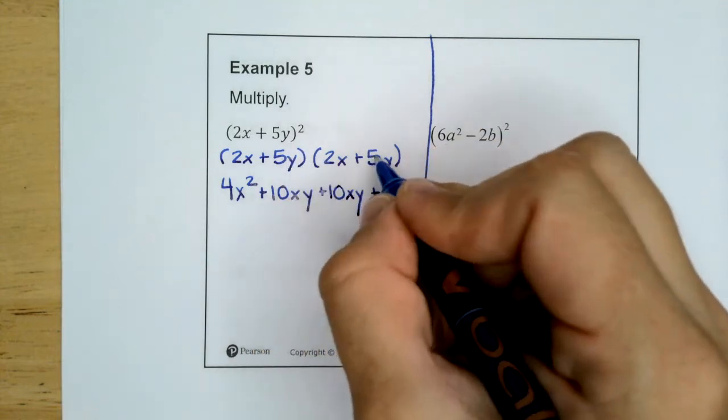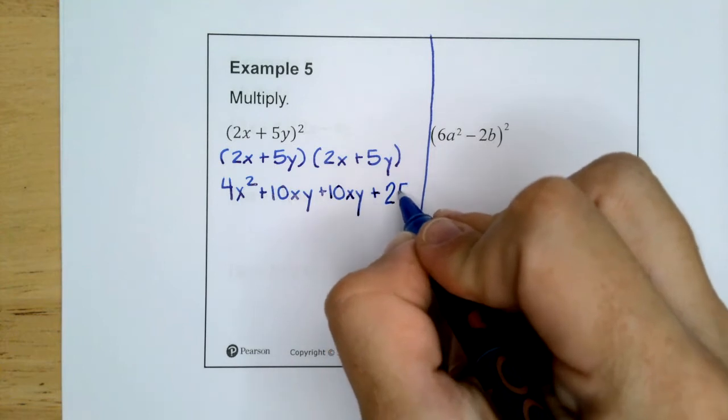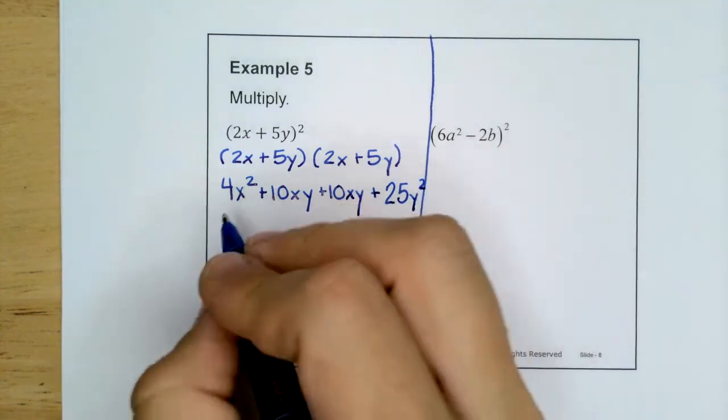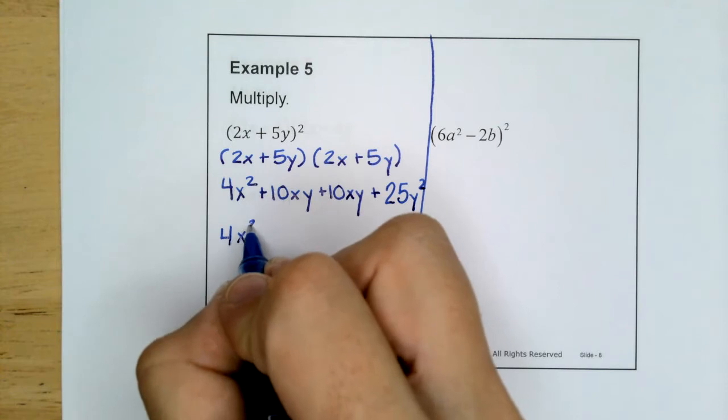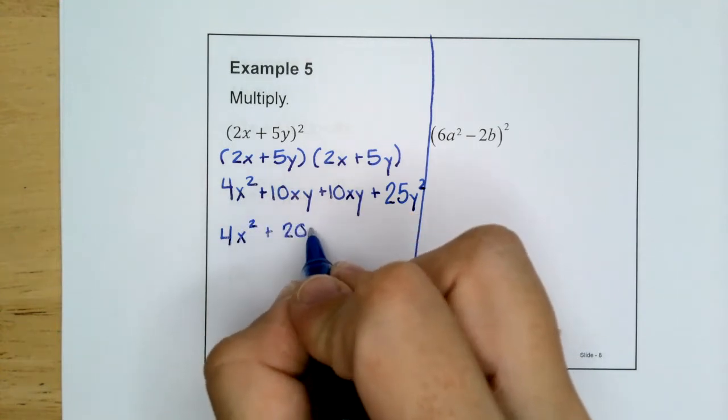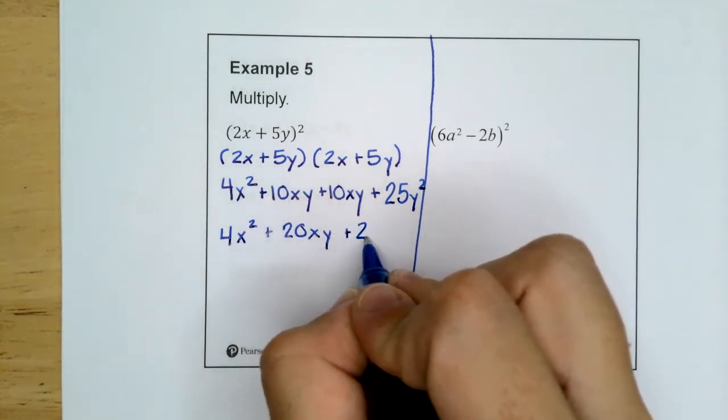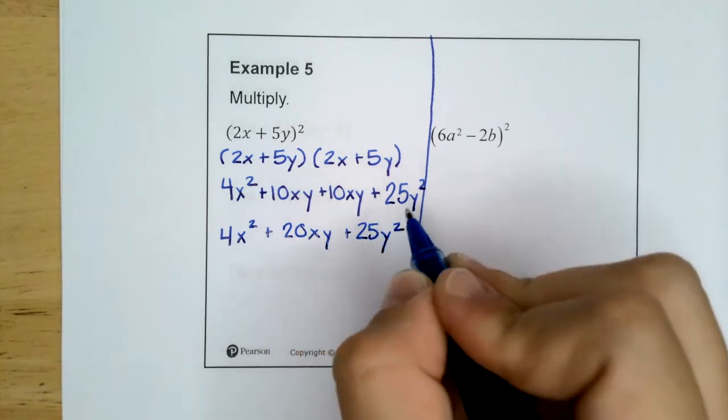And then 5y times 5y is 25y squared. So we end up with 4x squared plus 20xy plus 25y squared.